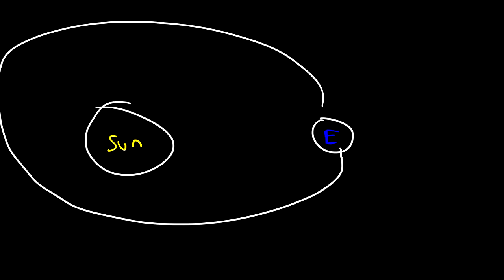Now, what about when the Earth orbits the sun? What provides the centripetal force in this case? Because we have circular motion in this example. So what keeps the Earth in orbit around the sun?